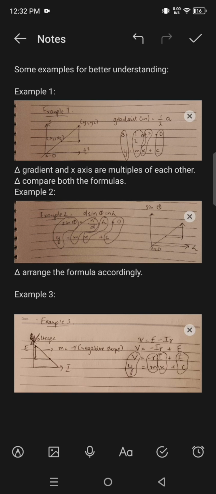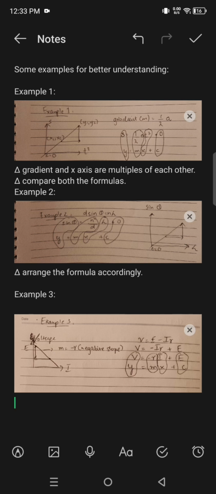Now v is equal to e minus ir. I already know my e is the y intercept, so I shifted it there as plus e, and minus ir comes here. v is already the y axis. Now I know that it can't be minus I because my I, the current, is the x-axis, but minus r is possible. So minus r is your gradient.